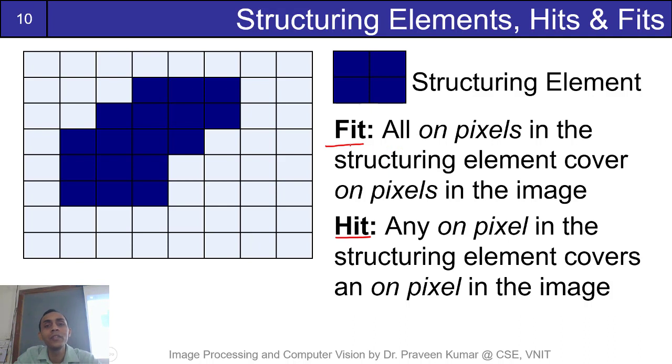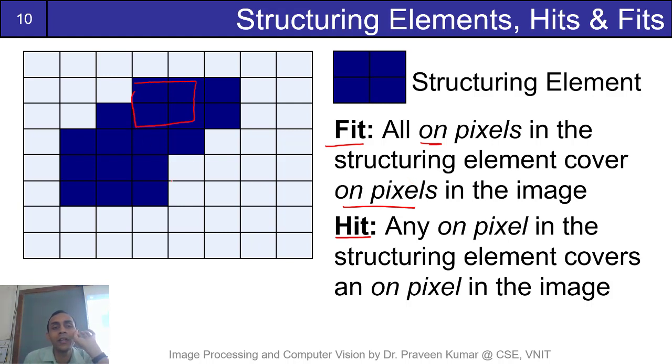So fit basically means if you take this structuring element and place it at this location, then all these shaded locations of the structuring element are overlapping with all the shaded values in the image. So when all on pixels, meaning shaded pixels or 1 pixels, in the structuring element cover all the on pixels in the image, we are saying that it is exactly fitting that location.